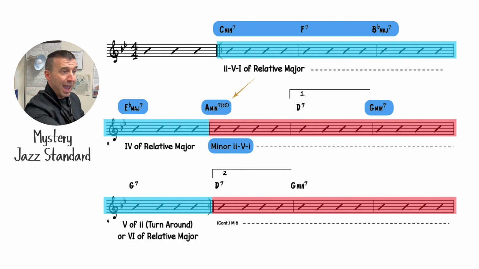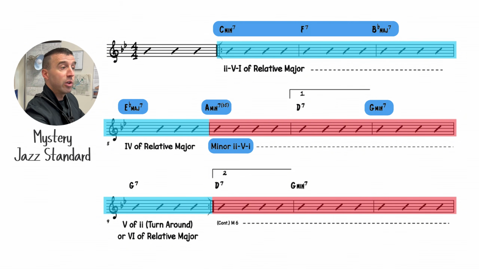And the A minor 7 flat 5 or A half diminished chord here, that's the diatonic 7th chord in the key of B flat, right? 1, 2, 3, 4, 5, 6, 7.